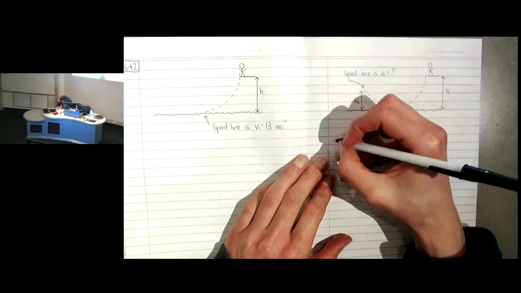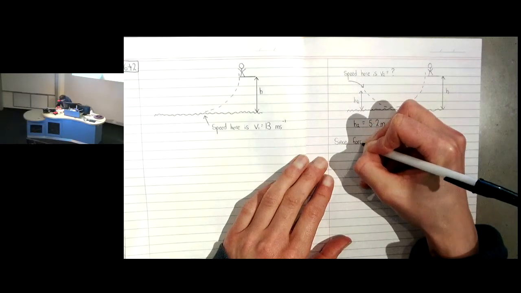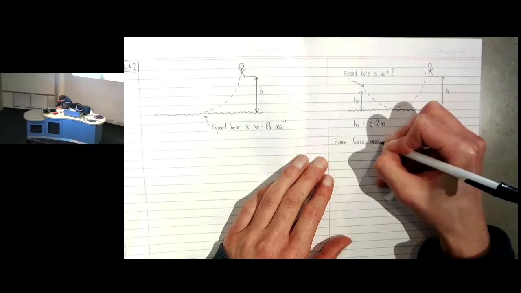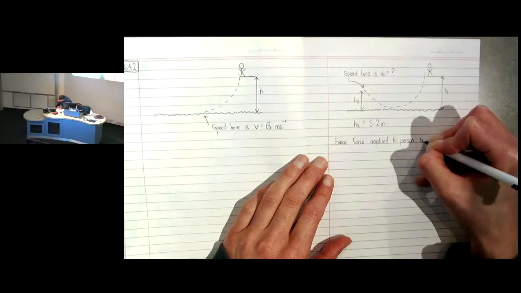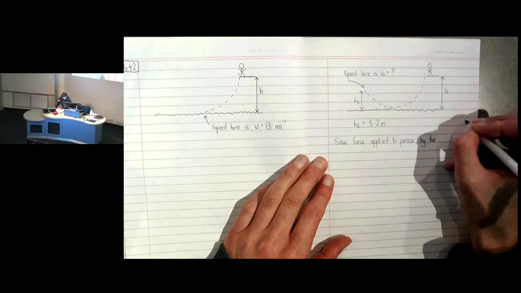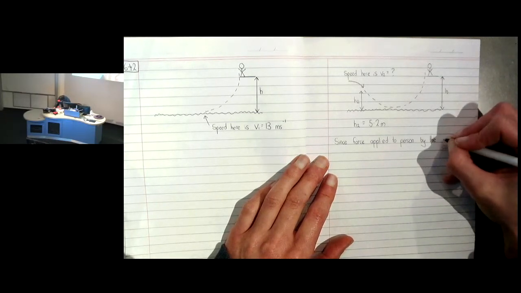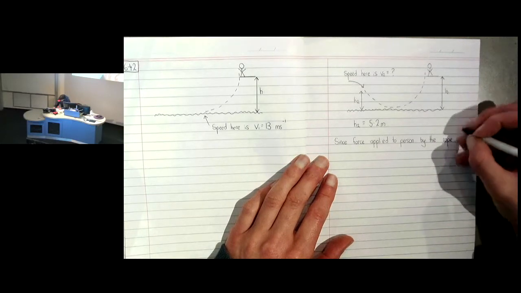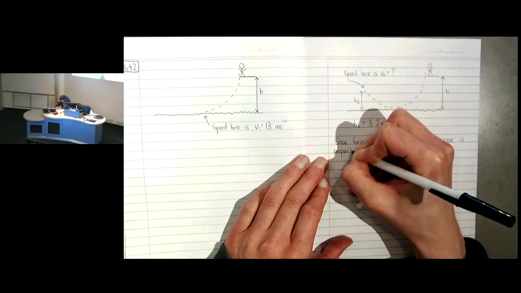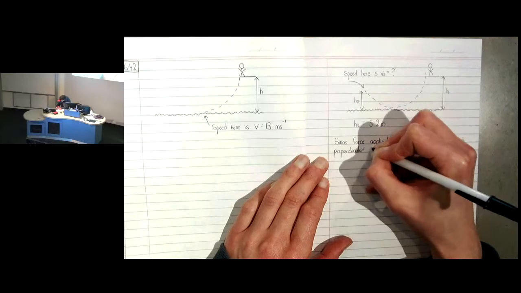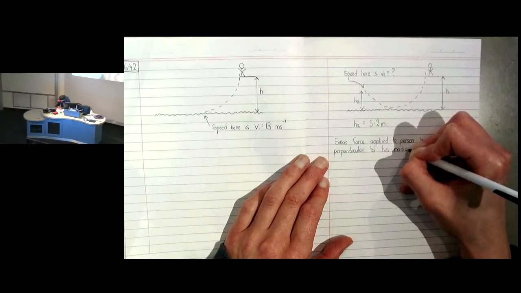So we can say, since the force applied to the person by the vine, sorry, a rope, he's not actually Tarzan, it's just a rope he's got, by the rope, since the force applied to the person is perpendicular to his motion, it does no work on him.